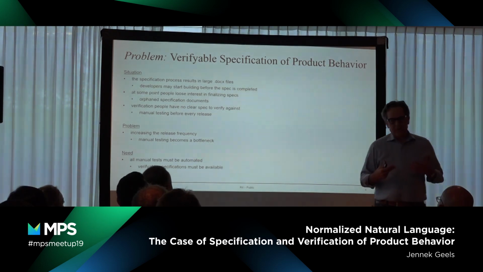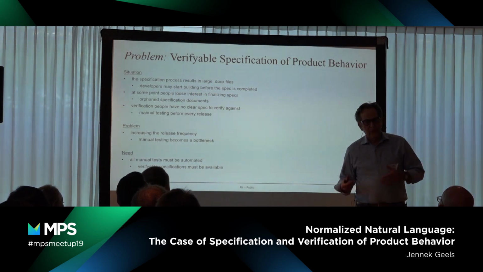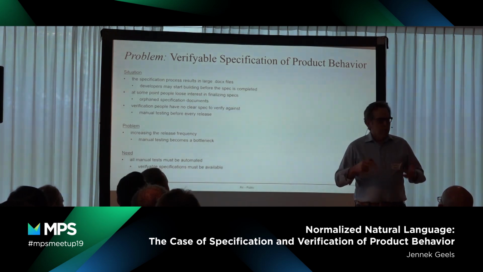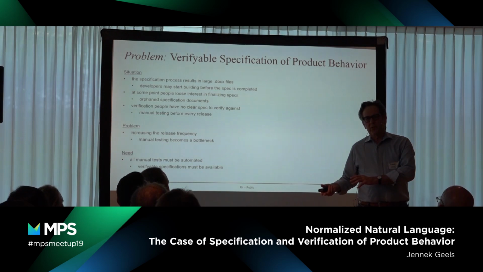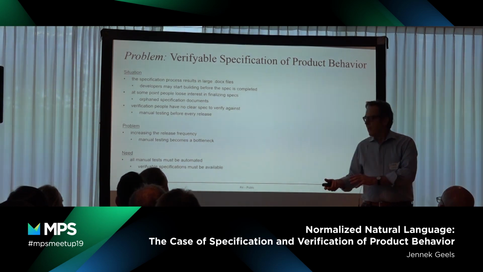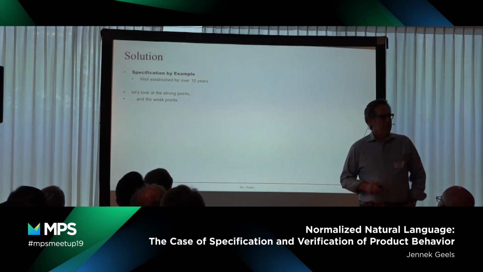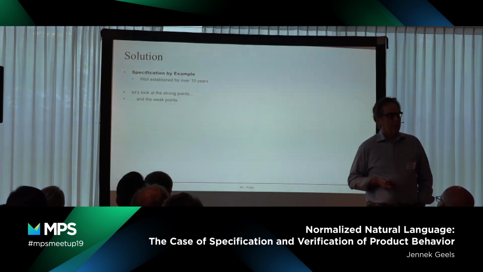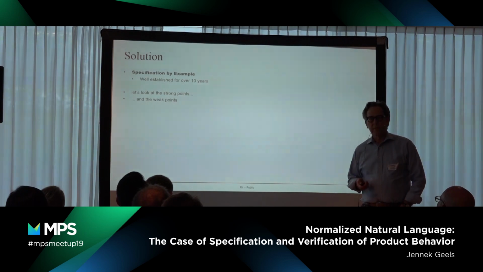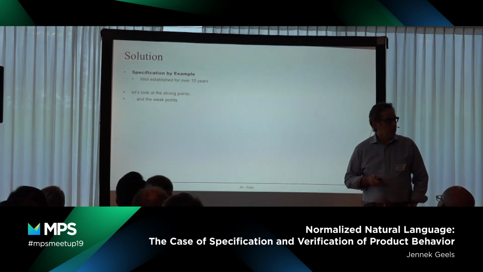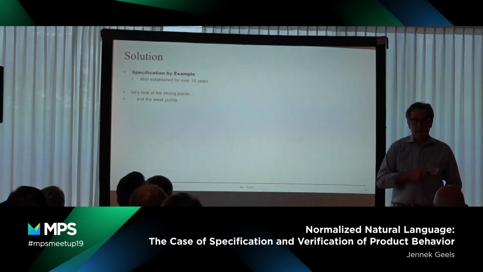That was the question I got, and I came to the conclusion quite quickly that if you want to do that, you have to fix your specification process in the first place. So that's where we are. The solution is to be found in the outside world. It's called specification by example. It's been going on for more than 10 years. It goes by many names, like test-driven development, behavior-driven development.